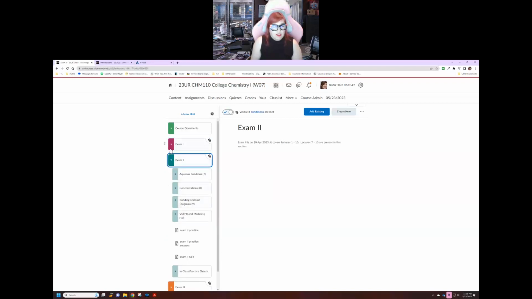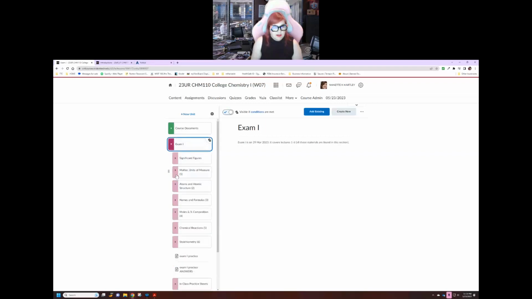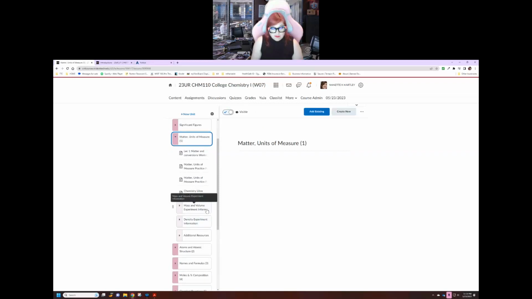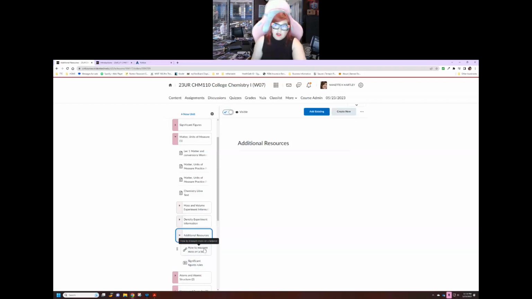You will find, when we get to it, and let me come down here, that there are folders within here: mass and volume experiment information, density experiment information. And then there's this additional resources, and these are a couple of things that you might want to review. I'm going to move them out of that folder, but these are a couple of things that you might want to review about the topics that we've talked about.